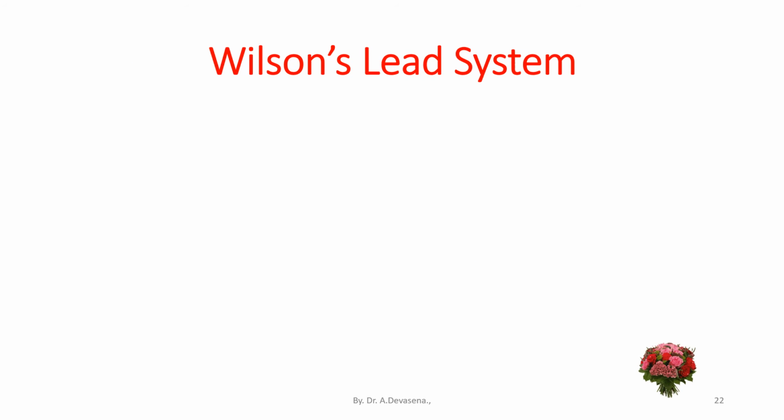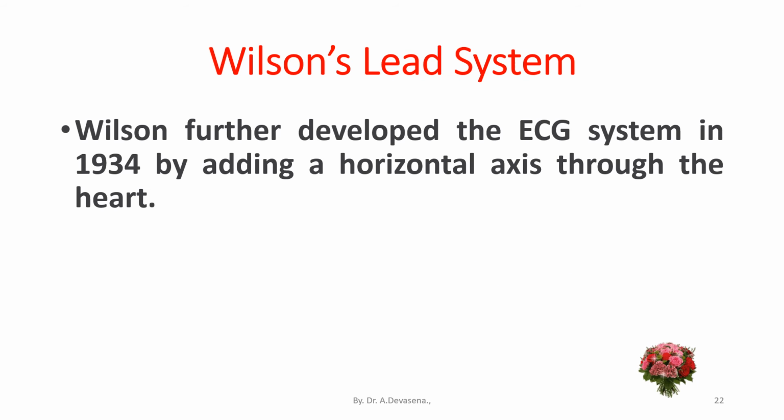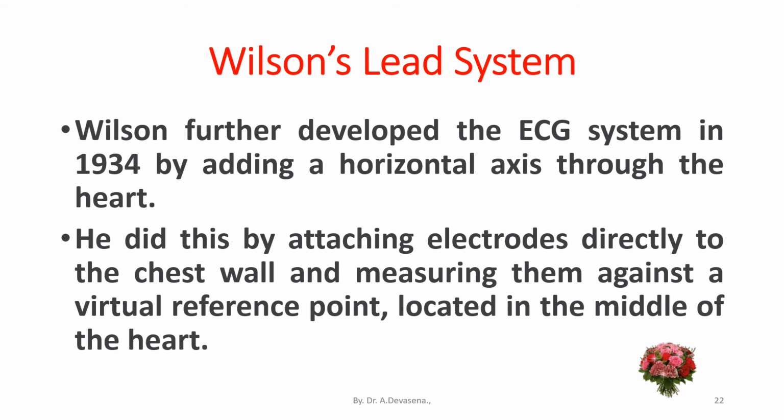Wilson's lead system. Wilson further developed the ECG system in 1934 by adding a horizontal axis through the heart. He did this by attaching electrodes directly to the chest wall and measuring them against a virtual reference point located in the middle of the heart.